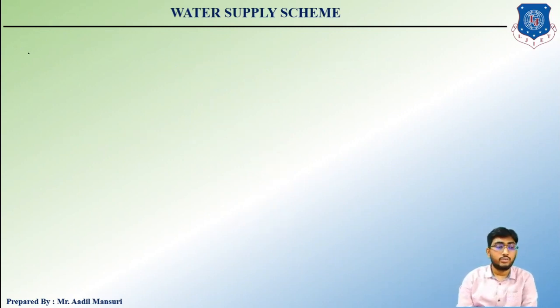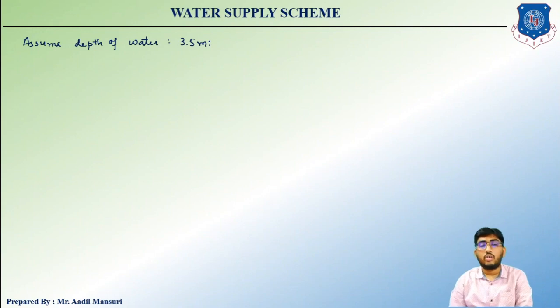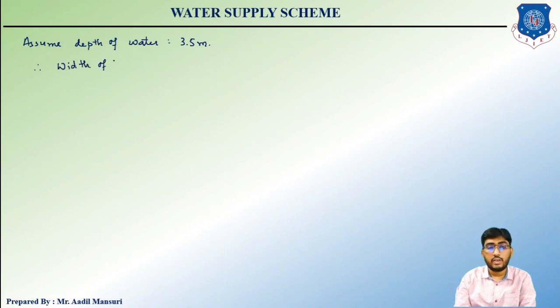Next is to assume the depth of water, that is equal to 3.5 meter. These are all given in the video in which we discussed the design criteria and steps. So therefore, can we find out width of tank required will be equal to cross sectional area divided by depth.